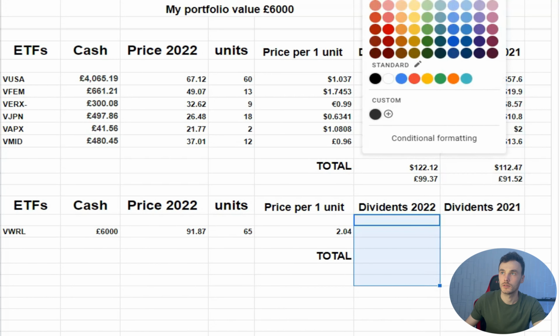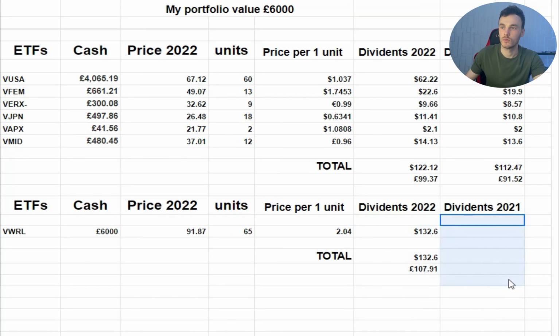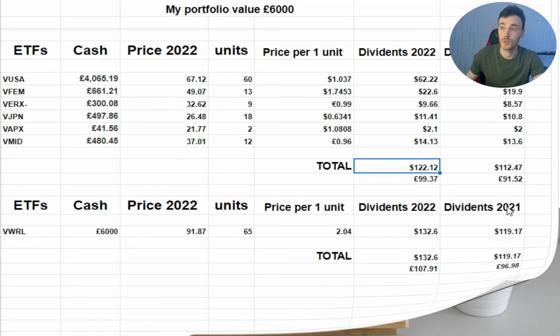Total is $132 or £107. And in 2021, $119 or £96.98. So you can see the difference, $122 and $132. So VWRL got more dividends in 2022 and in 2021.